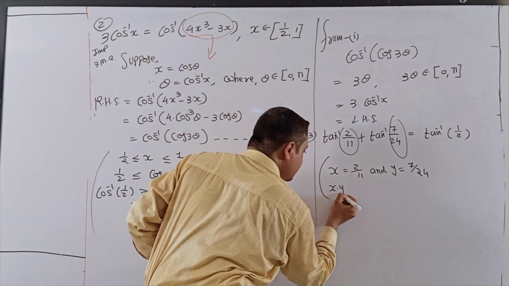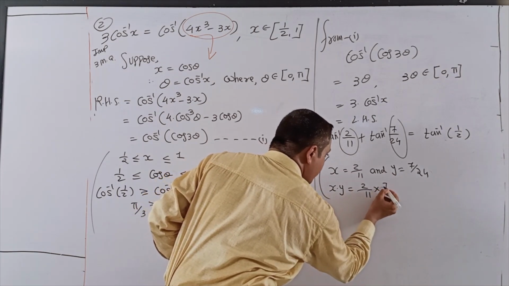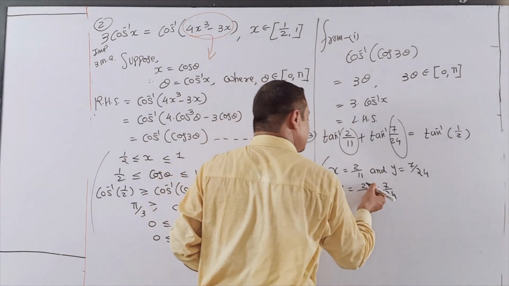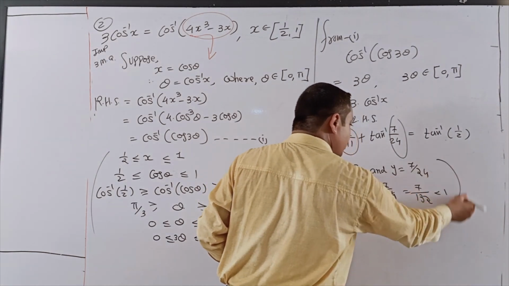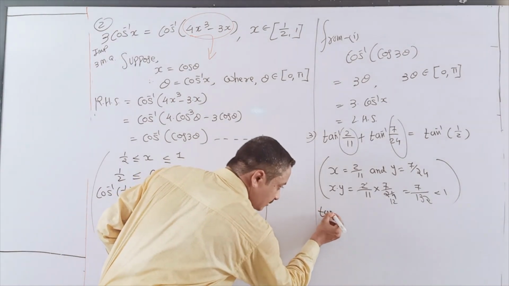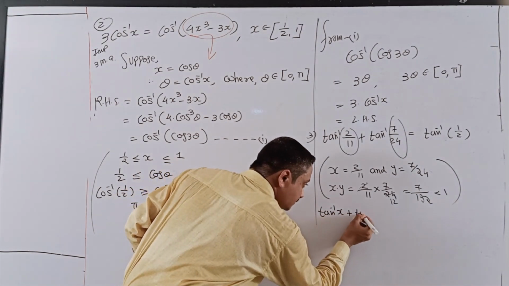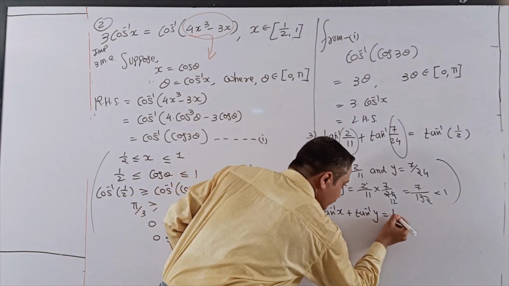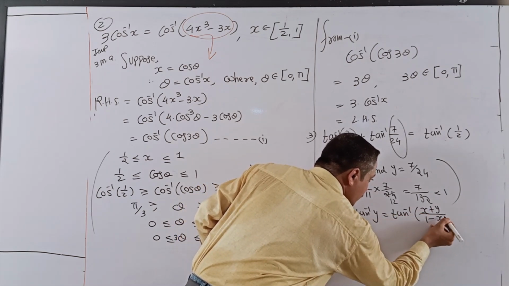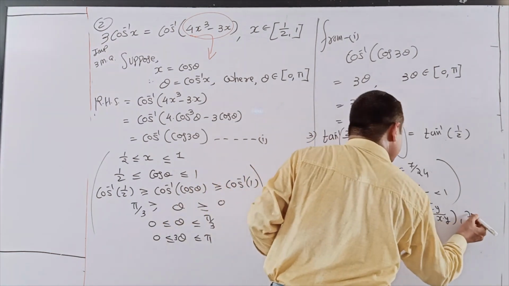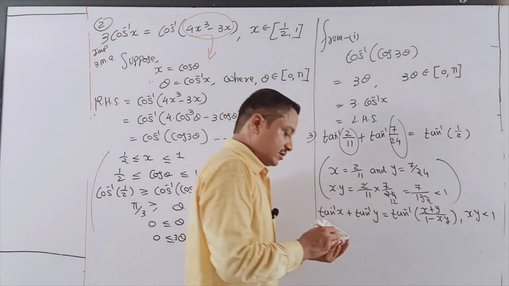So how much is x into y? Yes, it is cancelled, 7/132. It is less than 1. So my formula is tan inverse x plus tan inverse y is equal to (x plus y) by (1 minus xy), where necessarily xy is less than 1.